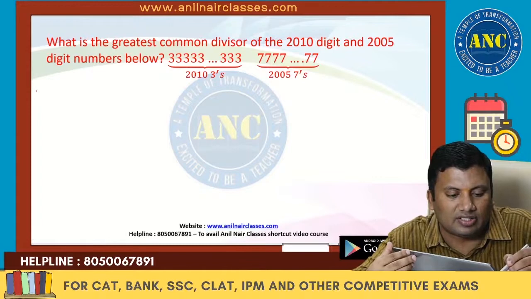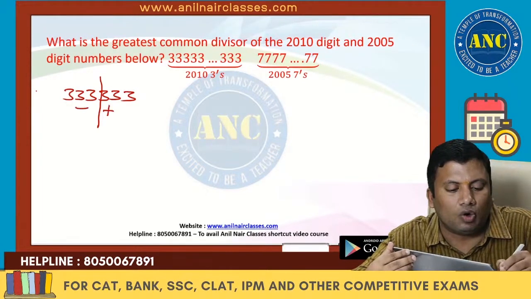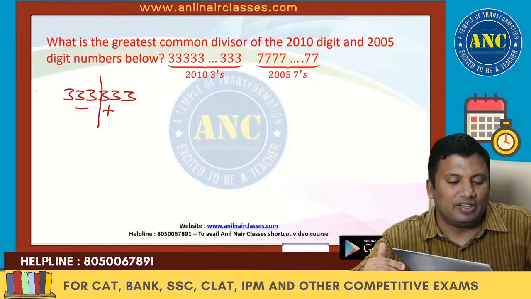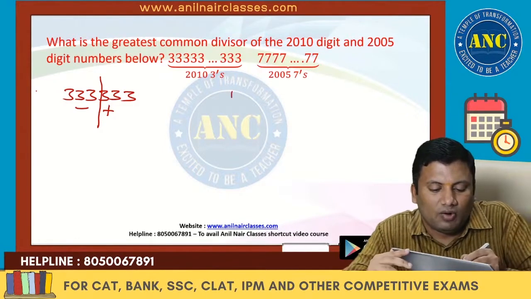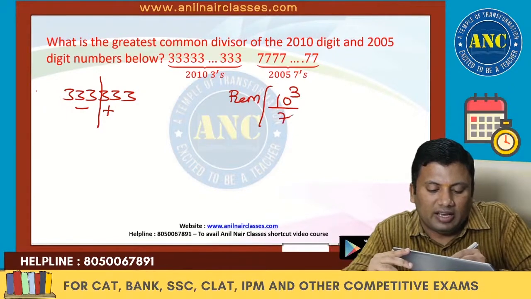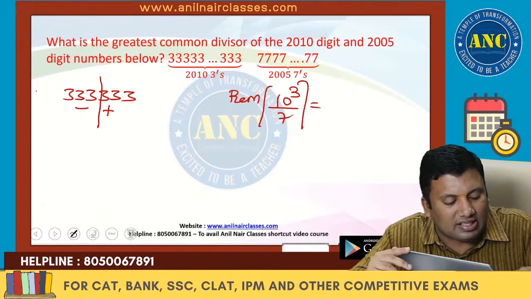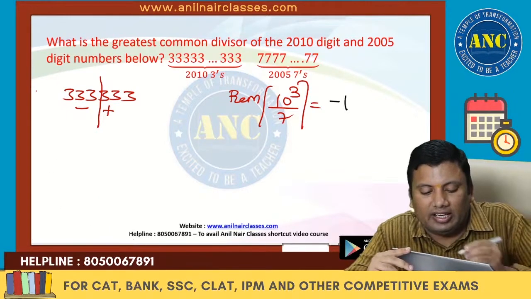Always see here, sir. If a non-zero digit is written in groups of 6, it is always divisible by 7. Why? Because the remainder of 10 cube divided by 7: 7 ones are 7, 3 cube is 27, 7 fours are 28, minus 1.